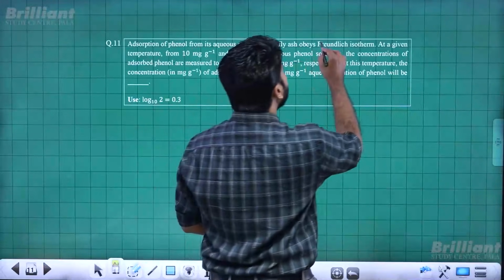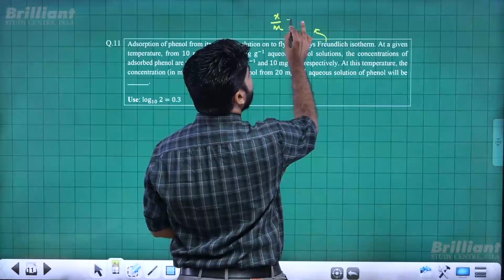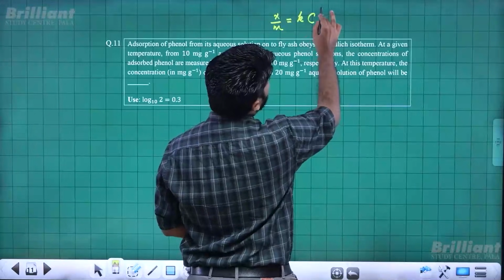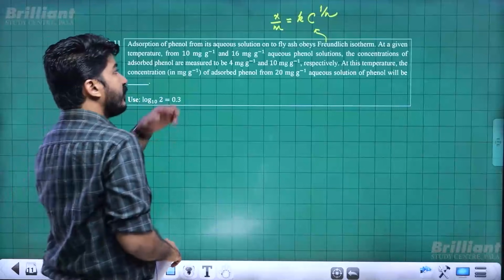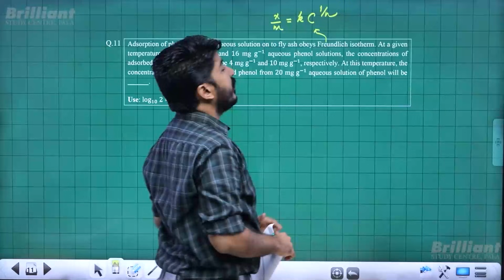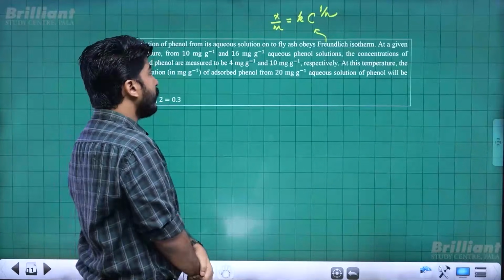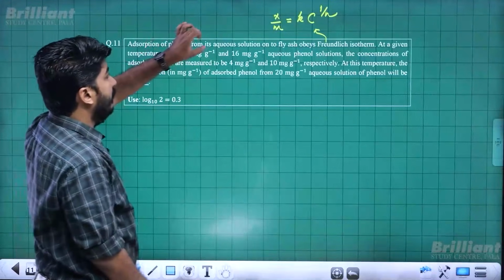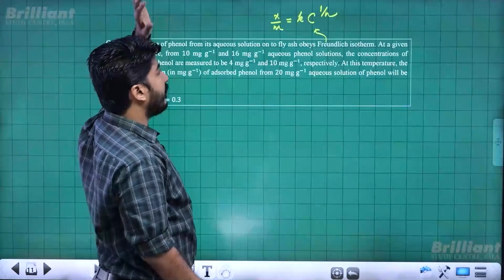So Freundlich isotherm, let's recall the mathematical form: X by M, which is basically the concentration of adsorbed phenol, is equal to K into C raised to 1 by N. The general form is K into P raised to 1 by N, and for liquid solutions, we can take K into concentration raised to 1 by N also. Okay. So remember, X by M and C are given in the same units. These are X by M's, and these are C's. Both are given in the same units.